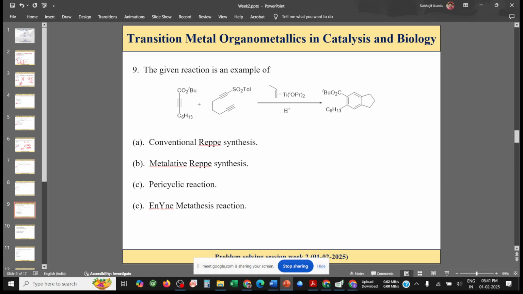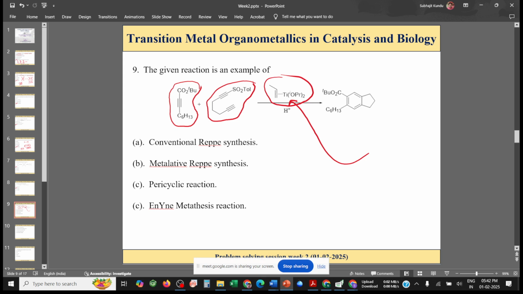So if you know the answer... here you can see the first alkyne, this one, then the second alkyne, and this one, and we have our metal also.